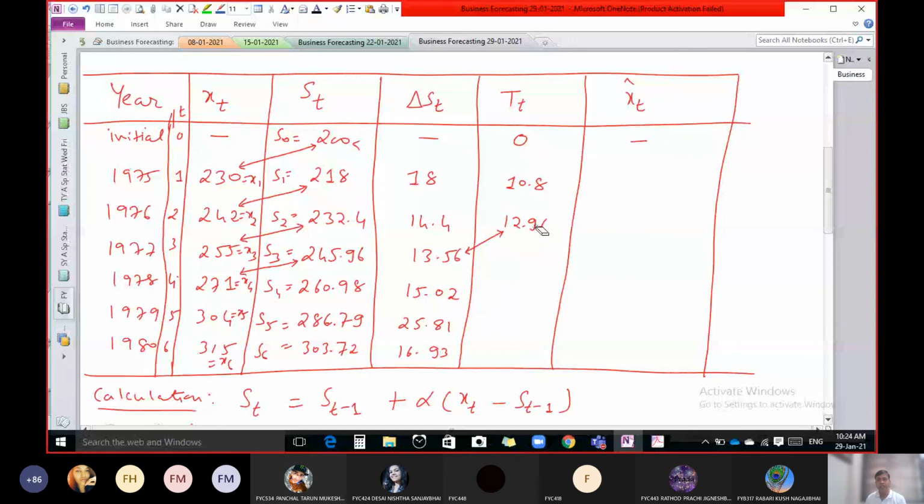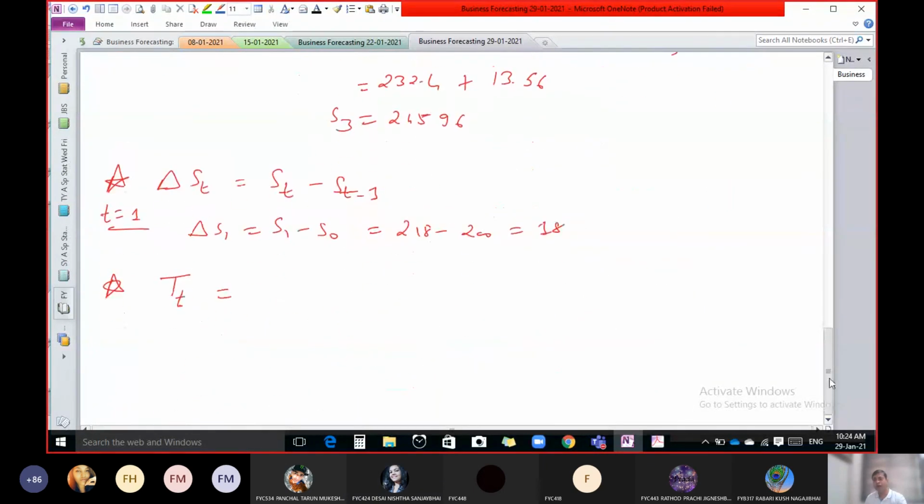Now let us discuss the formula. We have to multiply delta ST by alpha and T minus 1 by 1 minus alpha, and then we have to add the numbers.